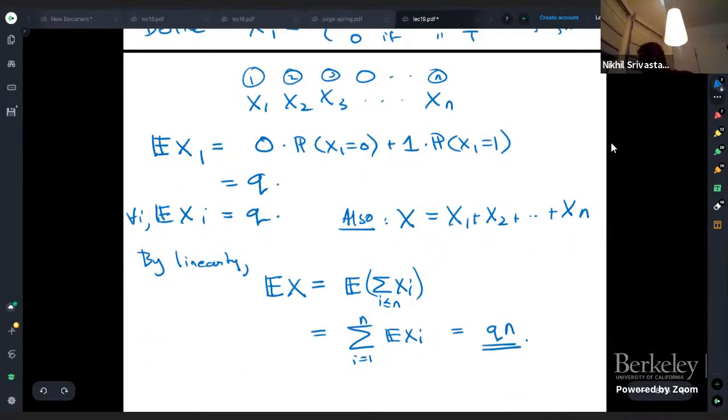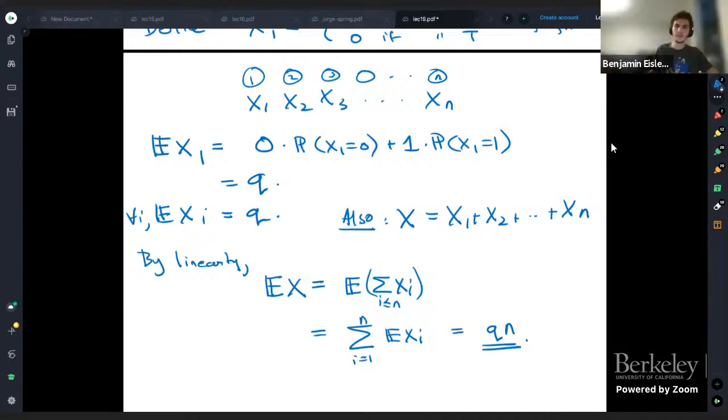Any questions about that? I have a question about seeing random variables as a vector space.